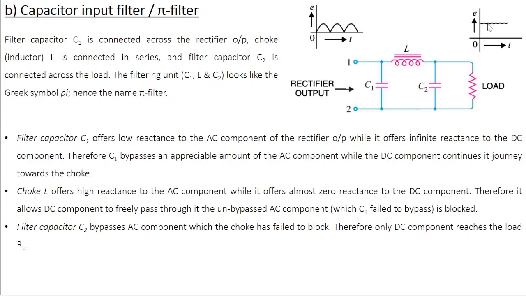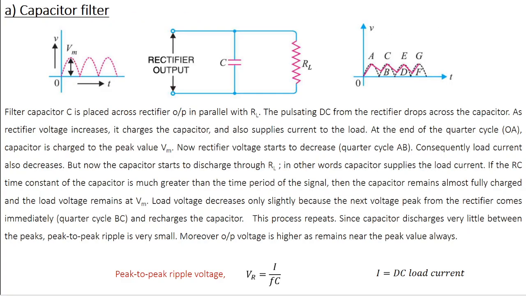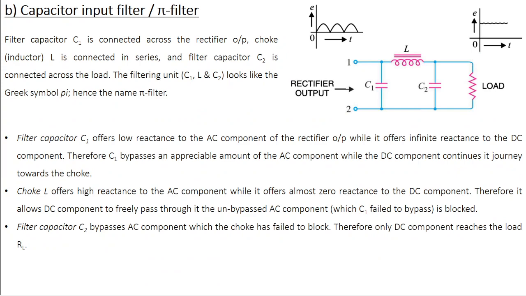There is a very slight amount of ripple, but this is negligible, much smaller compared to the previous capacitor filter. So for all practical purposes, you can treat it as a good DC signal. You can see that compared to a capacitor filter, a capacitor input filter is much more efficient.